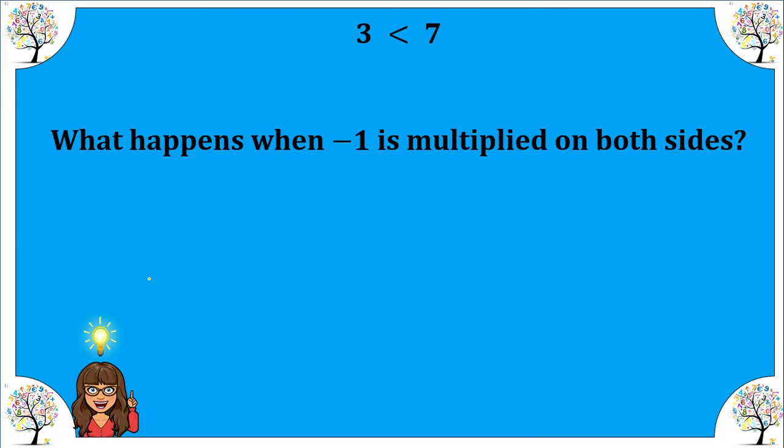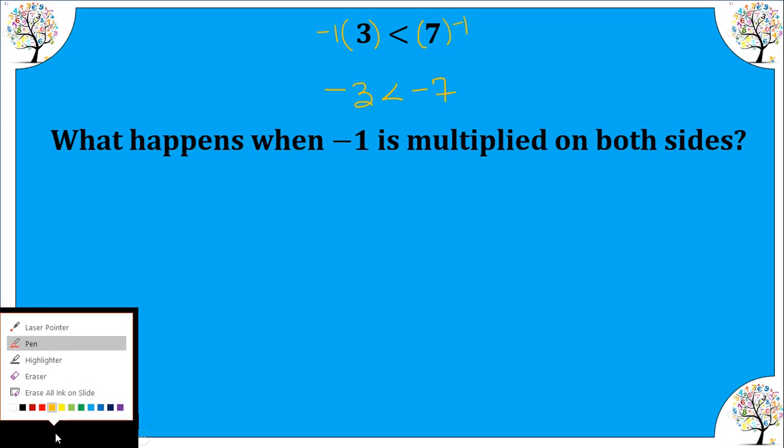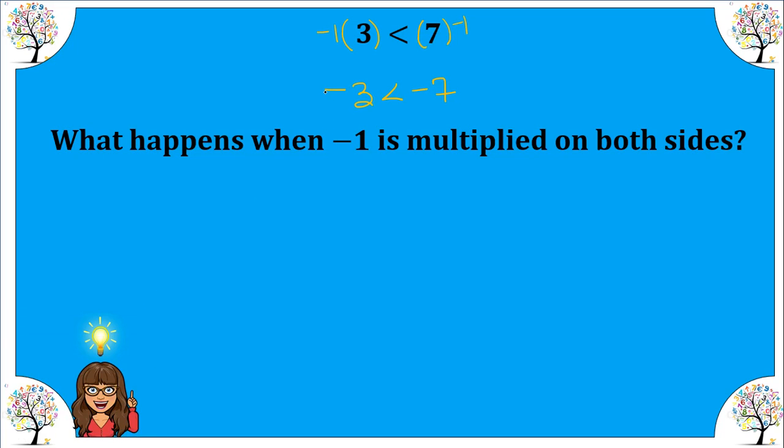Now, let's see why this is. Here we have a simple inequality statement that says 3 is less than 7. We all agree that that is true. But what happens if we were to multiply both sides by -1? We're going to get -3 is less than -7. And let's change this pen color right quick. So we have -3 is less than -7.